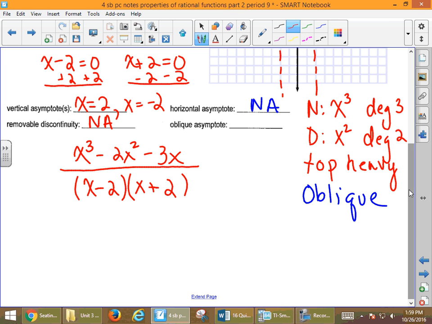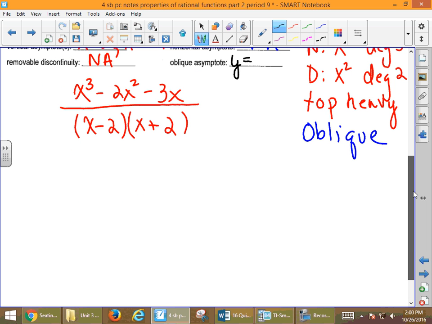The reason is synthetic division is very limited. We cannot use synthetic division with x squared. But if we write it in its factored form, then we have an x to the first, and we can use that. We want to come up with our oblique asymptote, which is going to be in the format of y equals mx plus b.